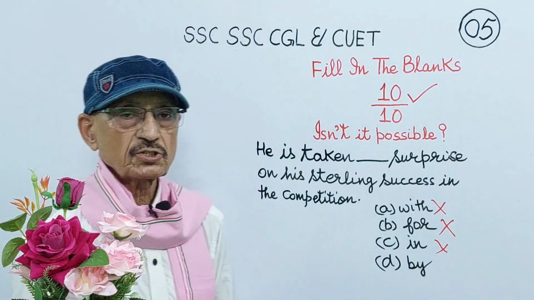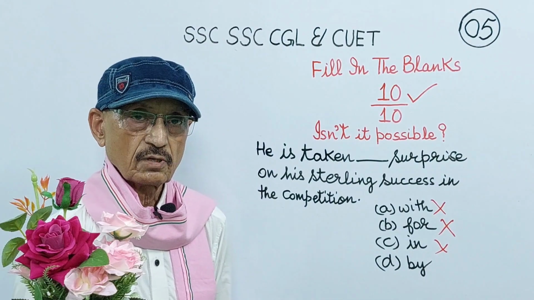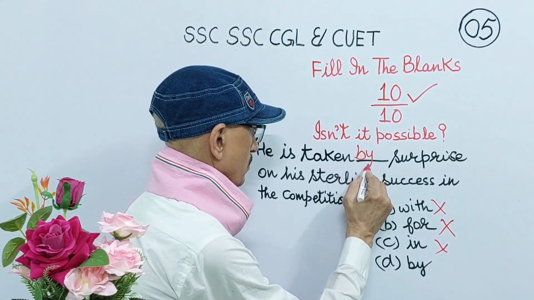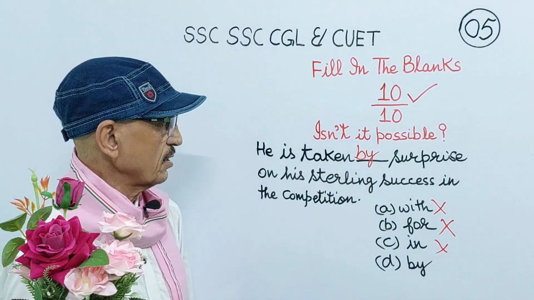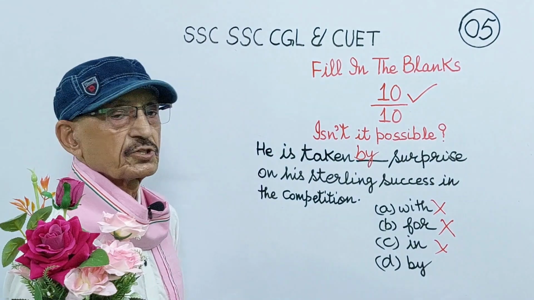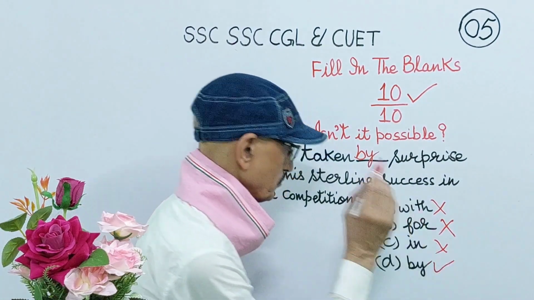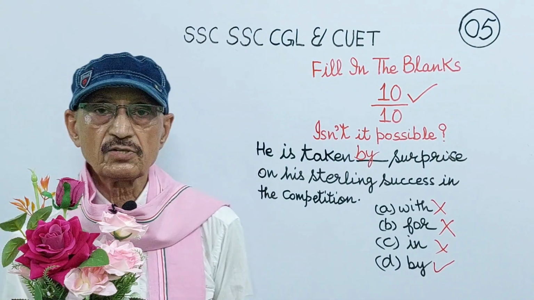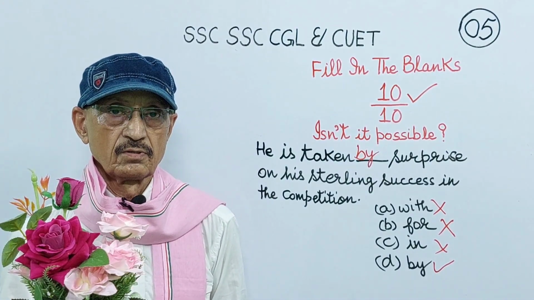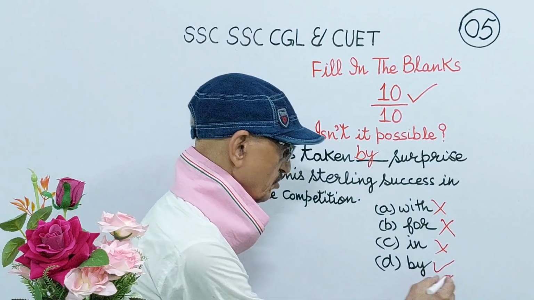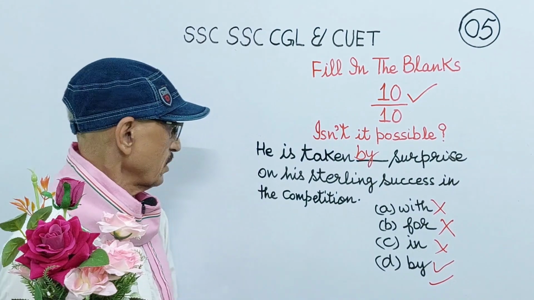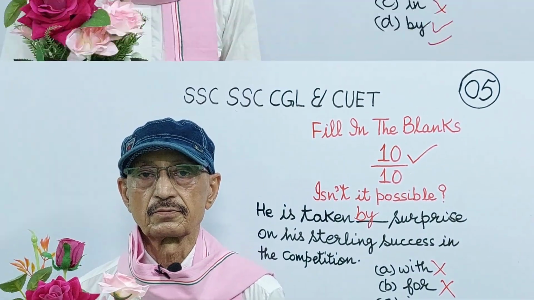It means preposition by is a correct one here. He is taken by surprise on his sterling success in the competition. Correct. Taken by surprise is a phrase. So, preposition by is correct.